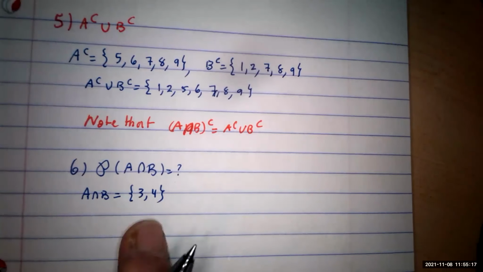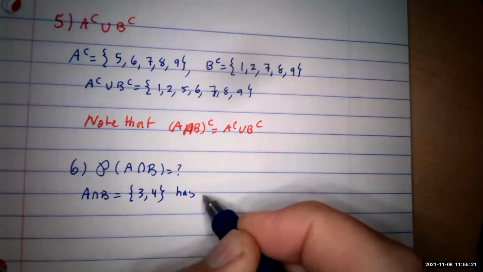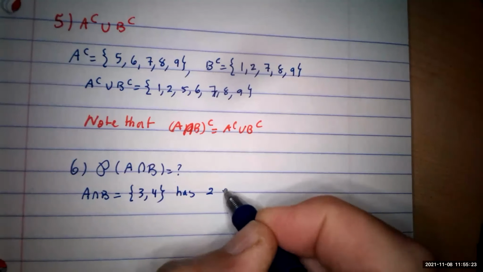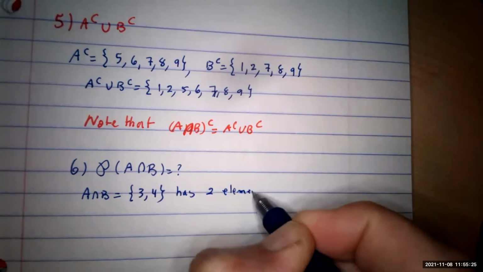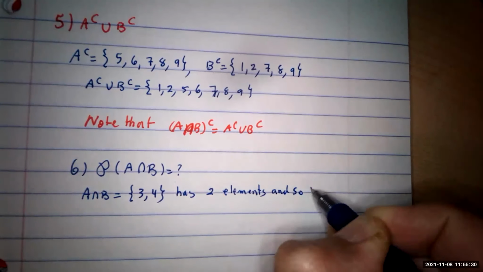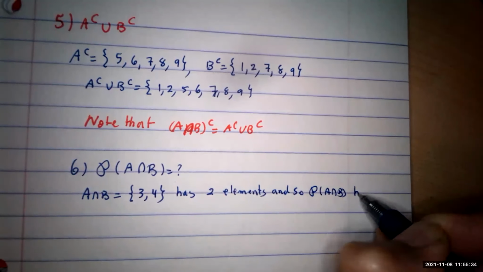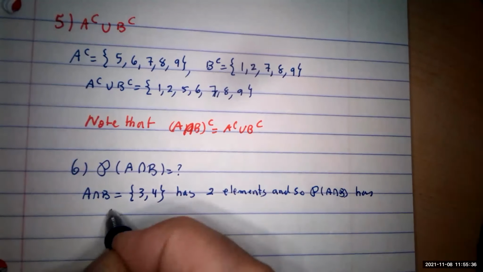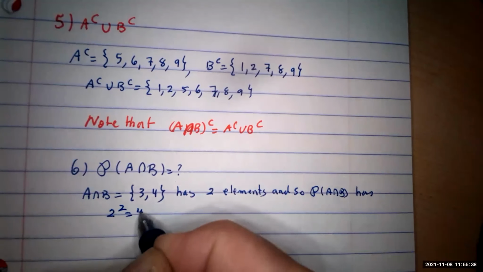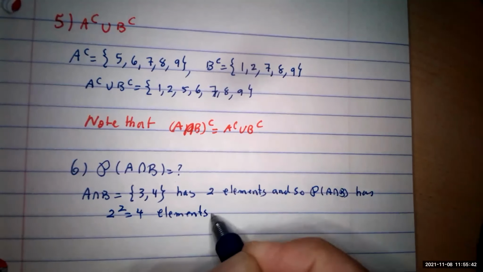As you can see, this has 2 elements. Just remind yourself, you don't have to write it down. So the power set of A intersect B has 2 squared, 4 elements. You remind yourself so that you are not going to miss anything.